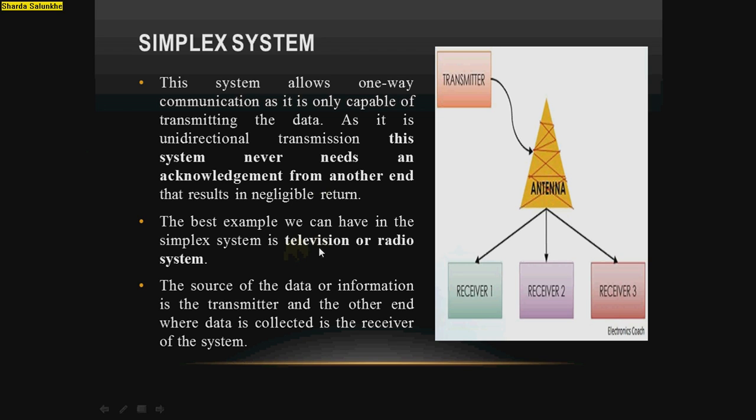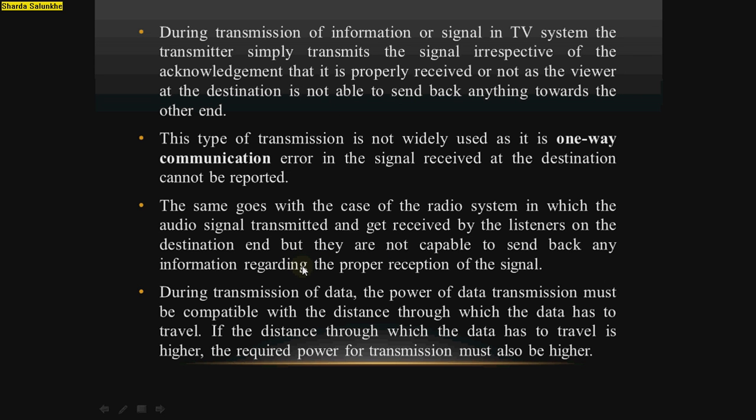During the transmission of a signal in a TV system, the transmitter simply transmits the signal irrespective of acknowledgement. The transmitter does not require any acknowledgement or feedback from the receiver about whether it was properly received or not, as the receiver at the destination is not able to send anything back towards the other end.